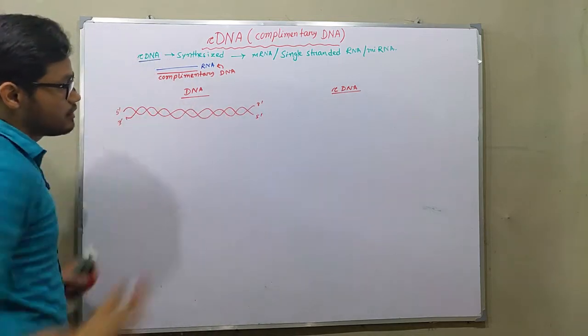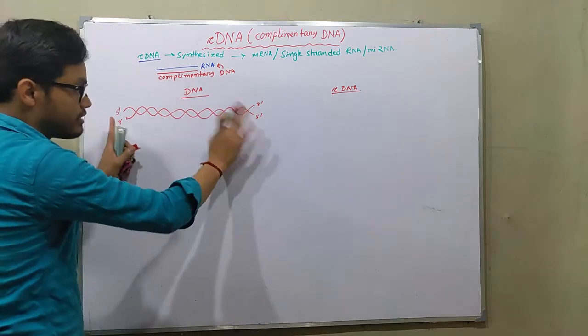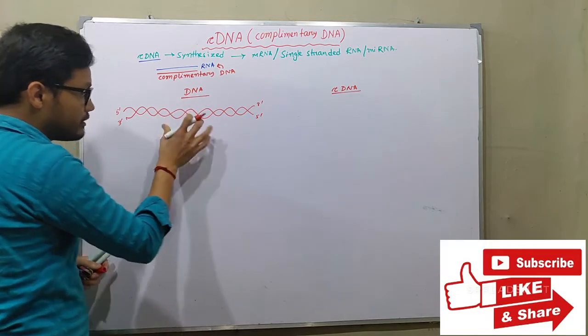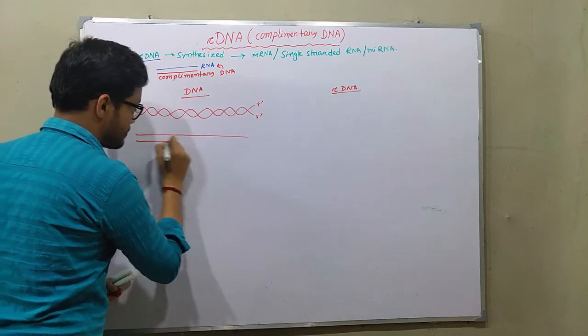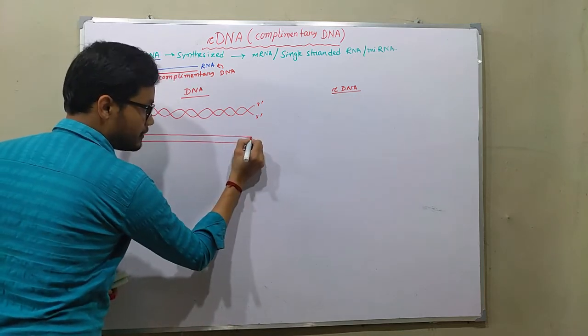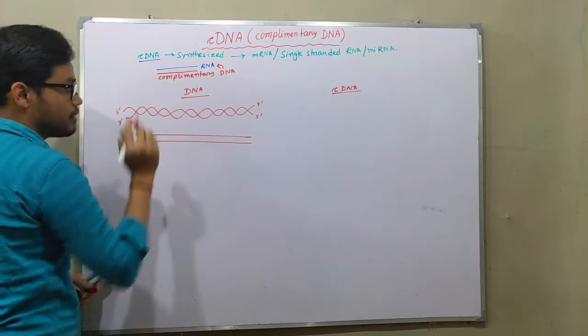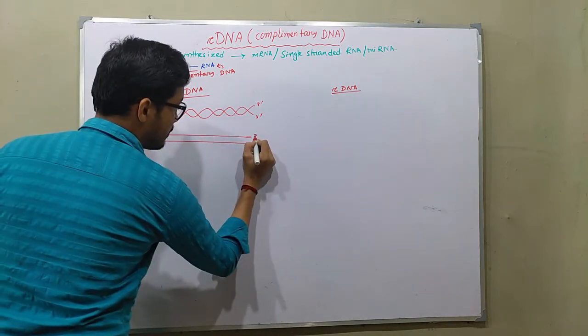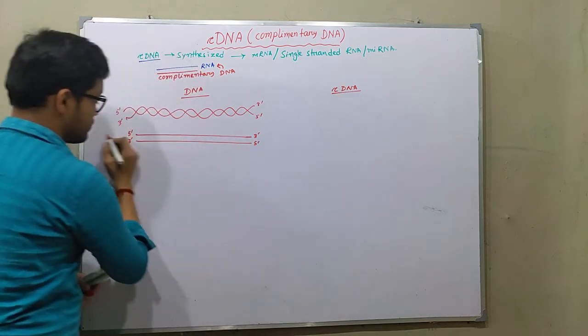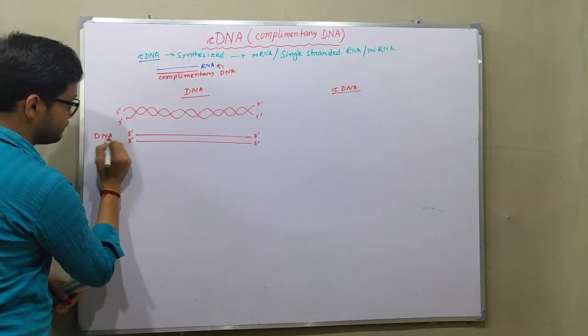This is a segment of DNA. If we simplify this double helix model, we get this kind of structure, 5 prime, 3 prime, 3 prime, 5 prime. So this is the normal DNA, right?